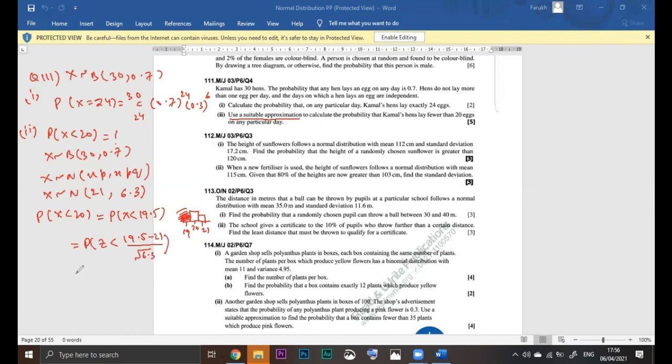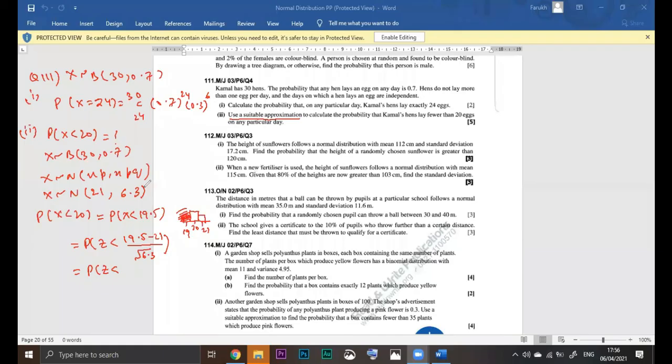What is the final answer, Shian? Please quickly. Minus 0.238. We will draw the diagram for the normal distribution curve. This is minus 0.238, and the area on the left hand side will be shaded.